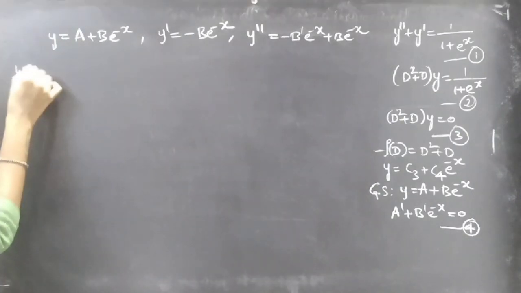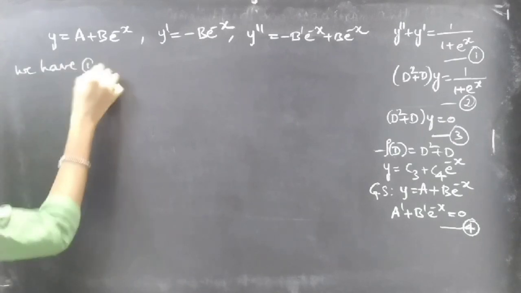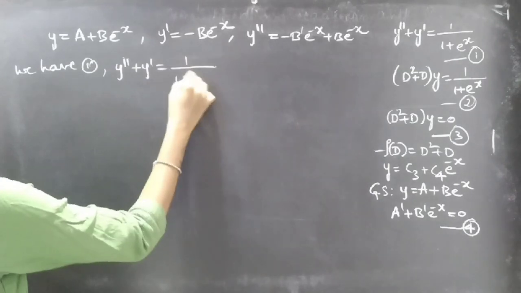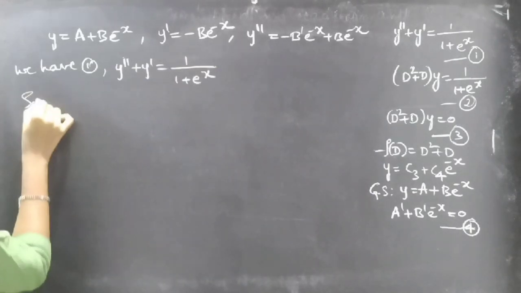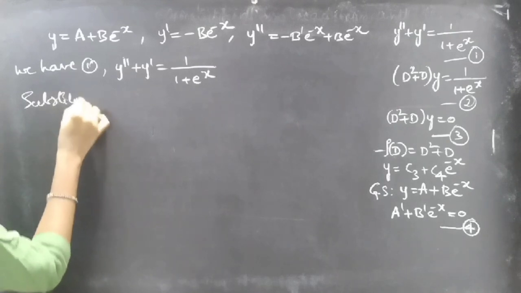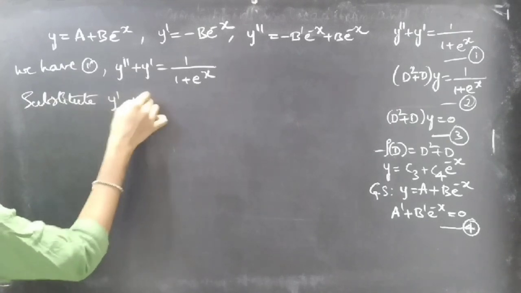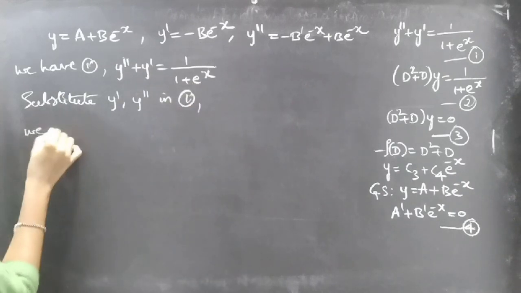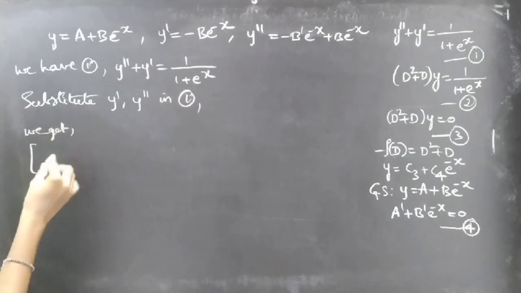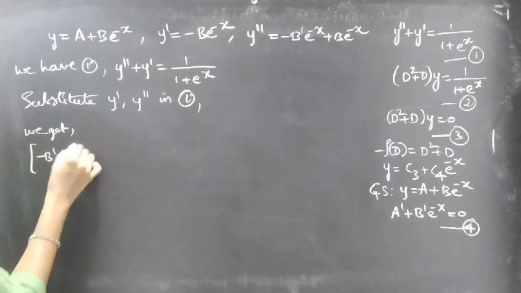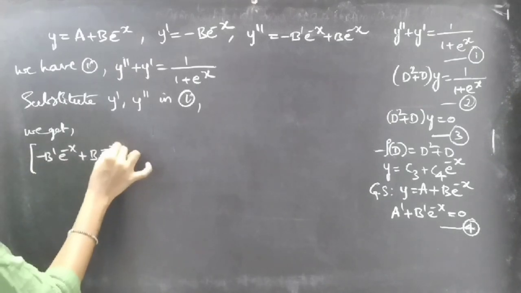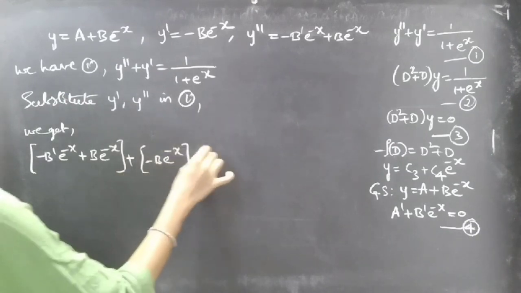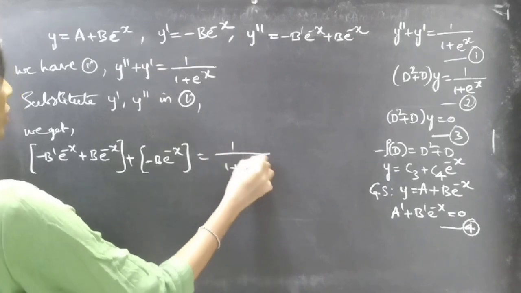We have equation 1, y double dash plus y dash equals to 1 by 1 plus e power x, right? Now substitute y dash and y double dash in 1 will give us minus b dash e power minus x plus b e power minus x plus y dash minus b e power minus x equal to 1 by 1 plus e power x.